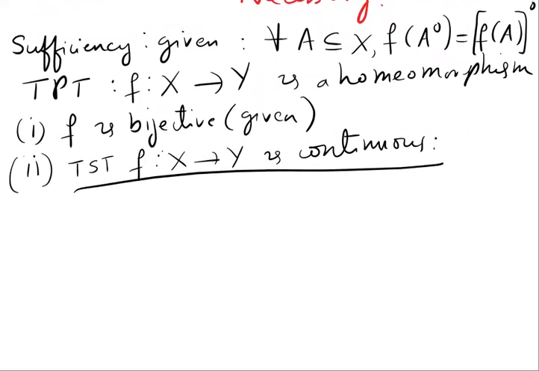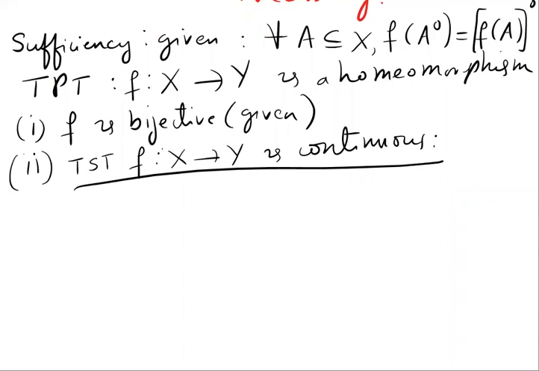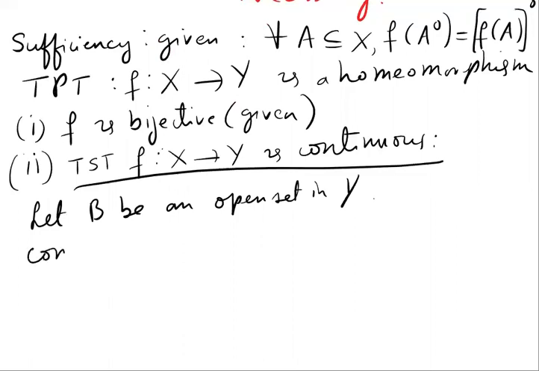We take any open set in the codomain Y. Let B be an open set in Y, and we have to prove F inverse B is open in X. Consider F inverse B. Definitely, this is a subset of X.